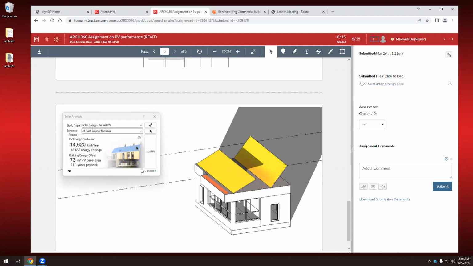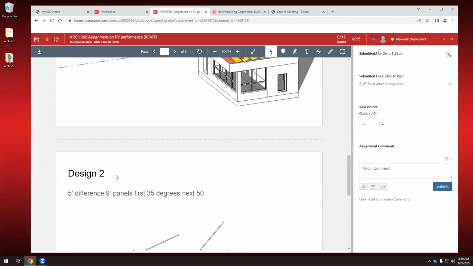Okay, so if we have something that is very effective, that meets the zero energy building goals, but it's very ugly, we might say, okay, this is not what we want. Okay, so there are different aspects, and it's your decision. It's you and your client's decision.